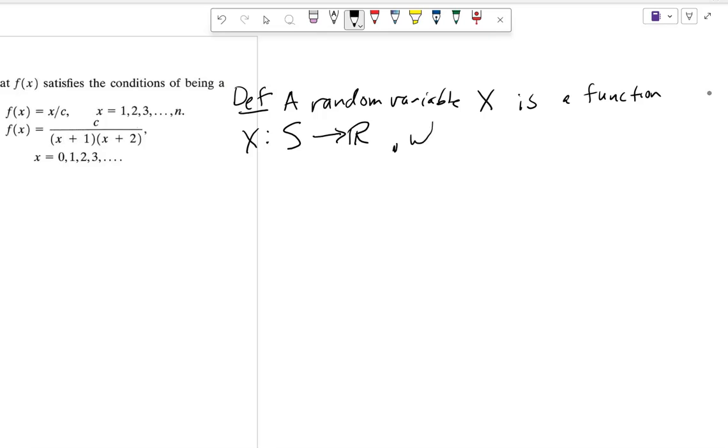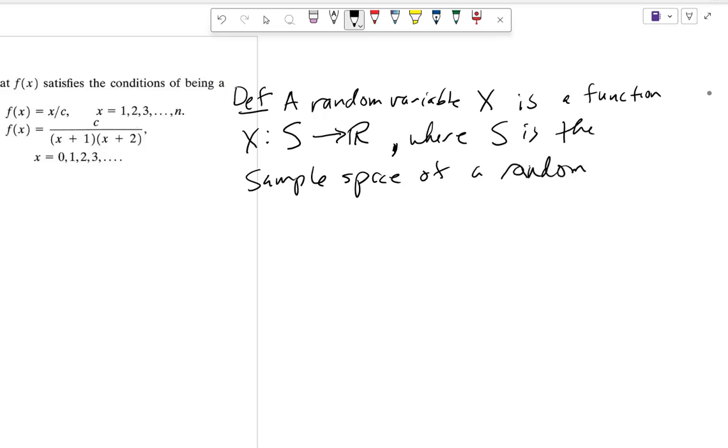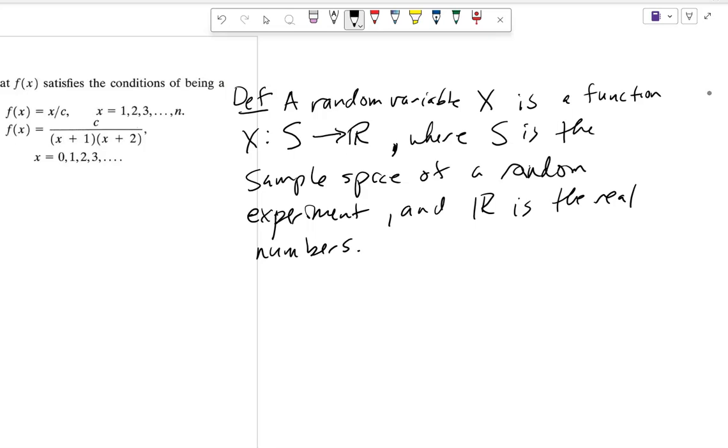S is the sample space of some random experiment. And of course, R is just the real numbers. Okay. Now, that's all we mean by a random variable.